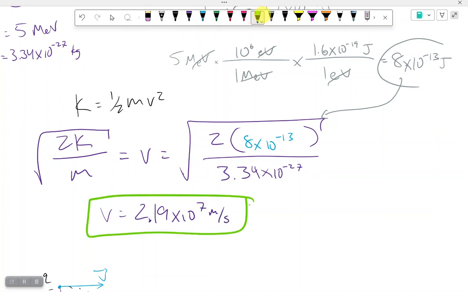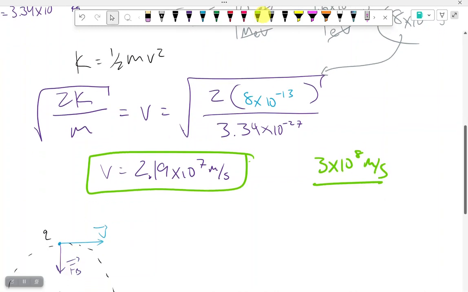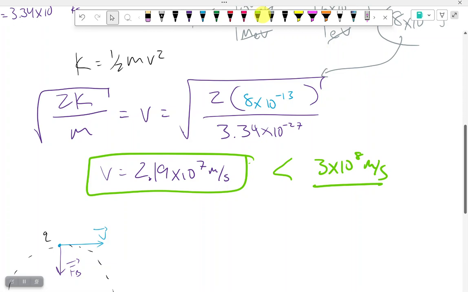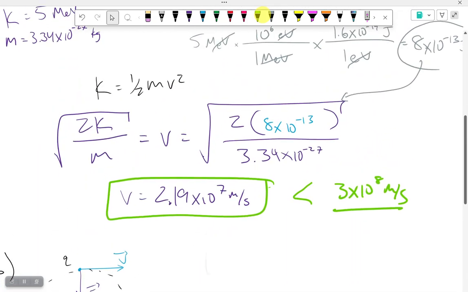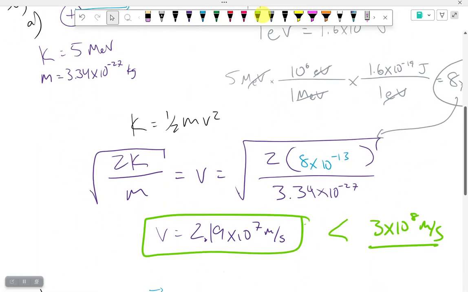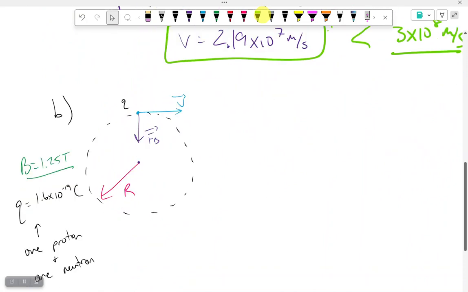This is fine, because the speed of light is 3 times 10 to the 8 meters per second, and as long as it's under that, that's good. So this is definitely less than that. There's my answer. We have a particle moving at a high velocity, which makes sense.